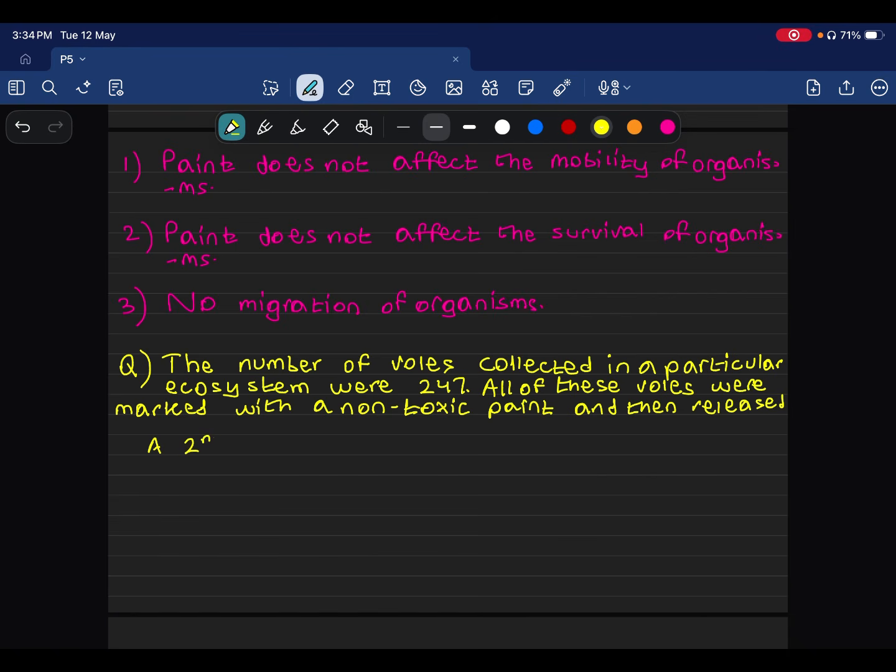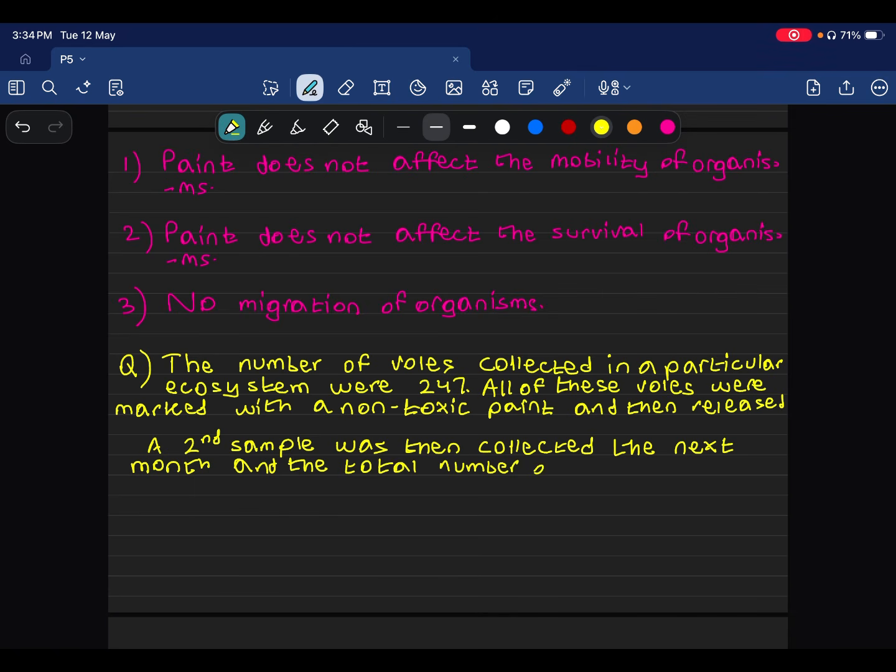A second sample was then collected the next month, and the total number of voles caught in the second sample were 259. 16 of these voles were marked already.